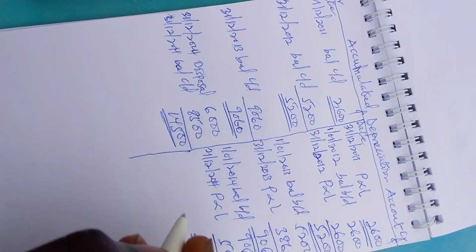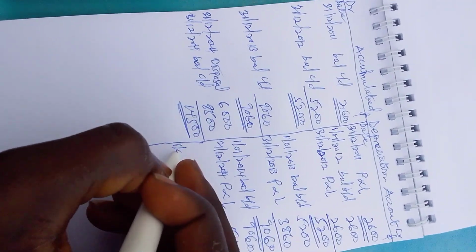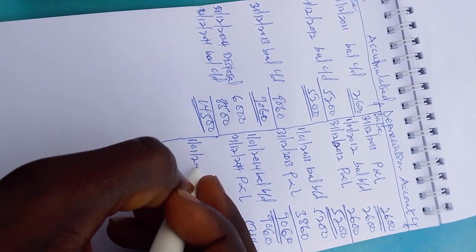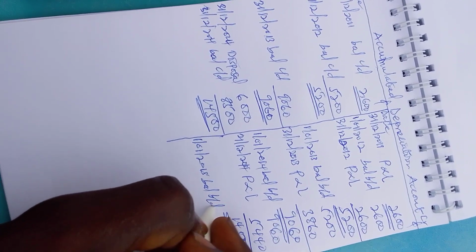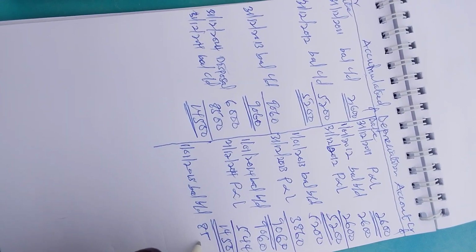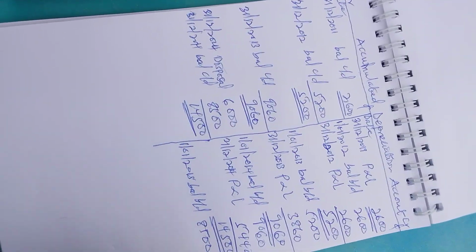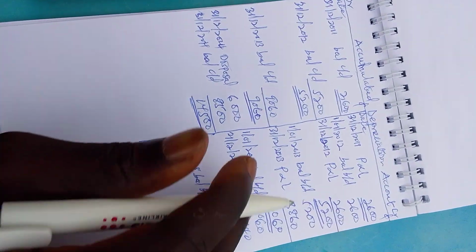Now our balance brought down on 1st January 2015 is going to be 8,500. And in 2015 another asset was disposed and we had an accumulation for it.